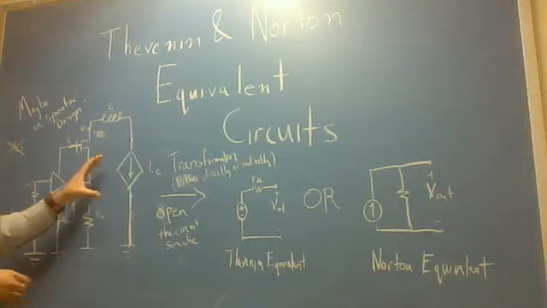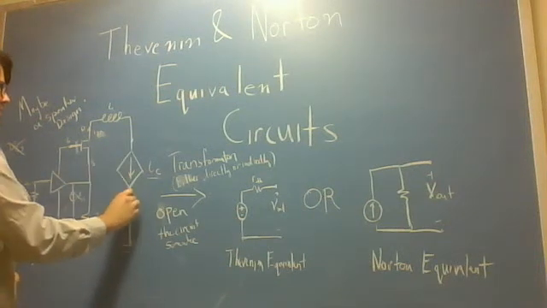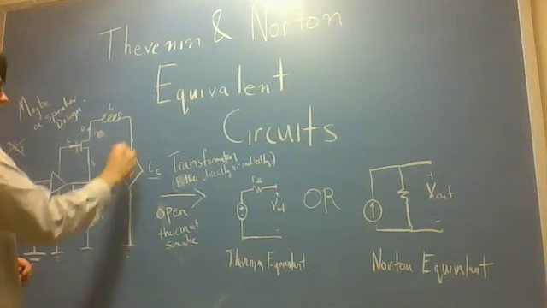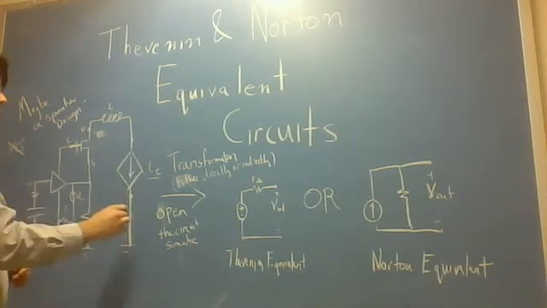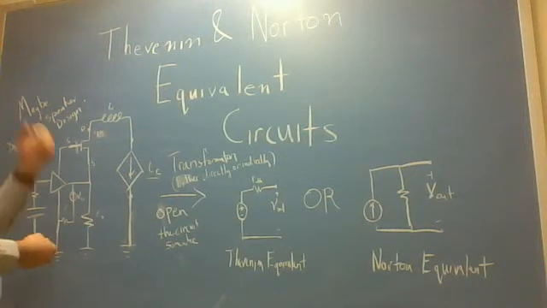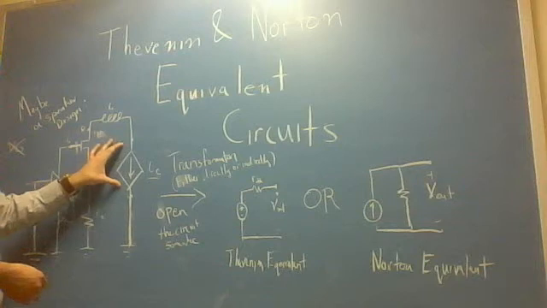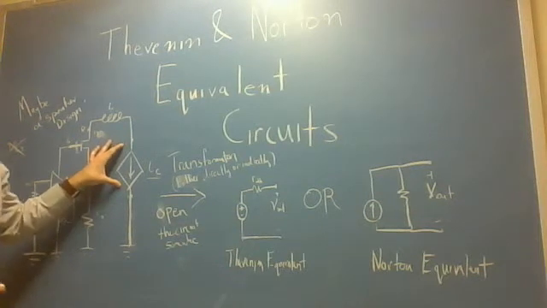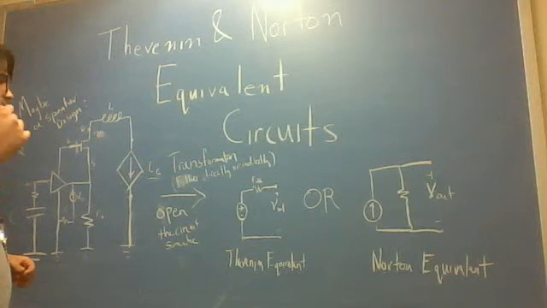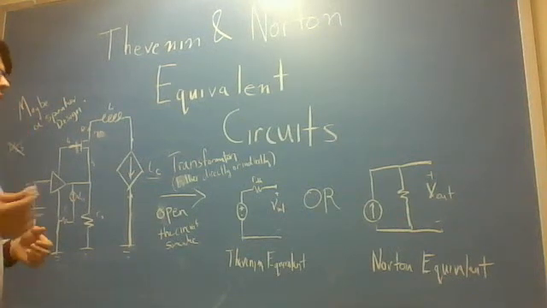In that case, the voltage output of the current dependent current source, what you would do is remove this part and treat it as an open circuit first, and then find the open voltage, and we can call that V out.